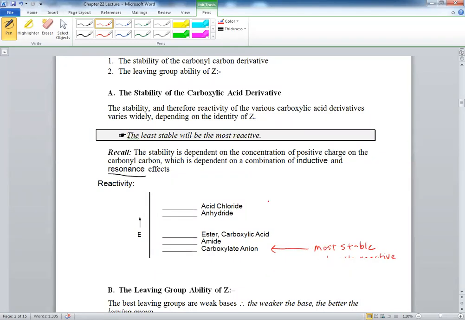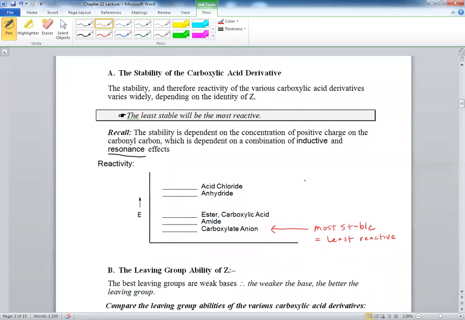And at the top here, with the acid chloride, we have the least stable, most reactive.